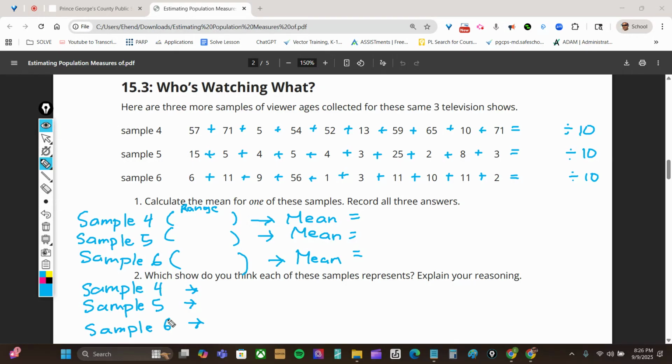Again, all right, explain your reasoning. We'll talk about it in class, and we'll figure out the details in class. All right, so assuming we did this in class and shared our findings with everybody, let's move on to the next section.